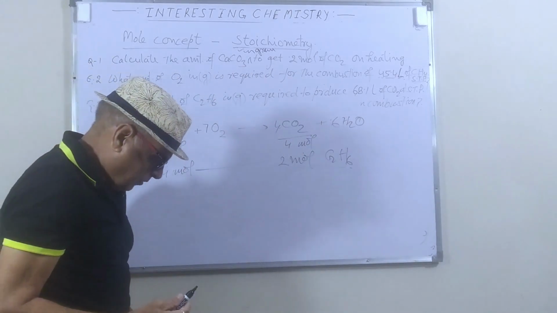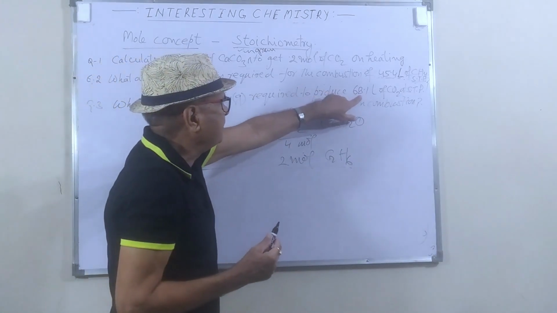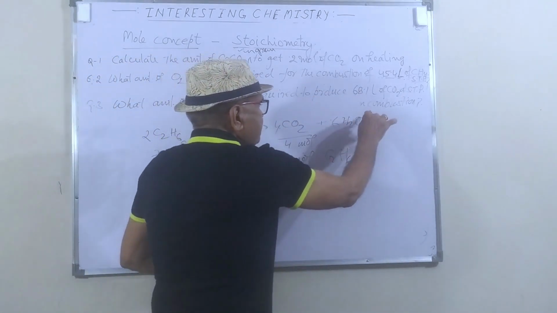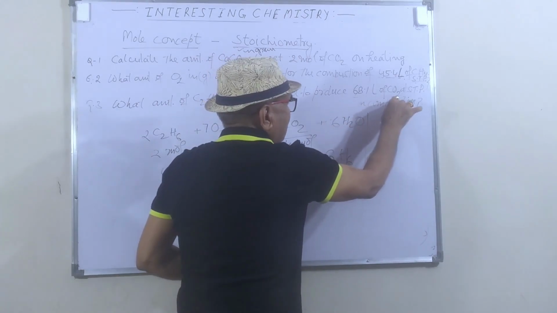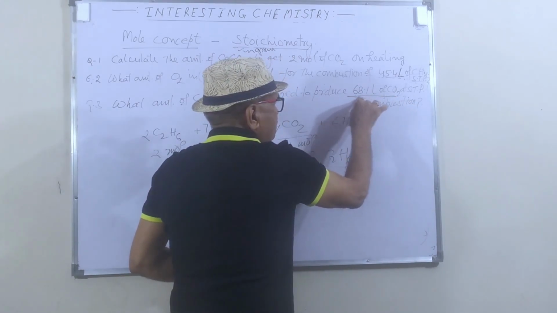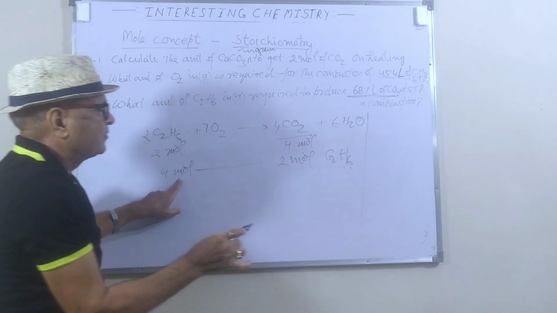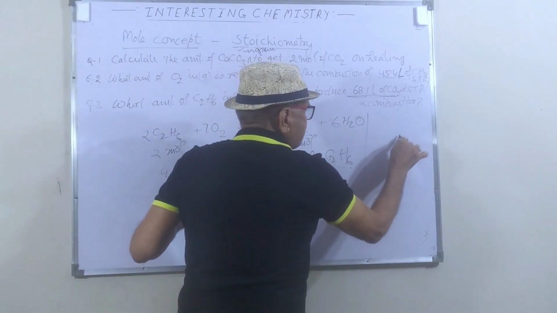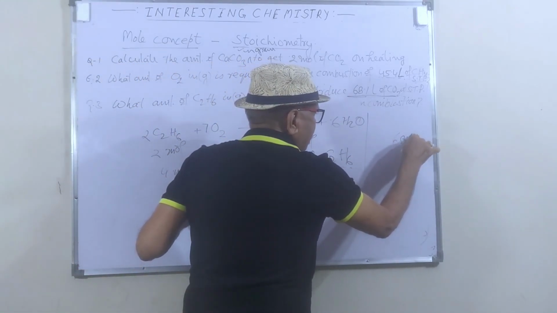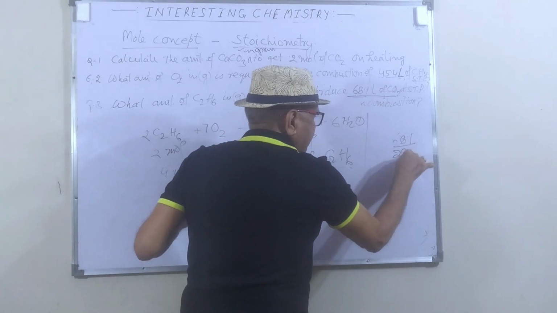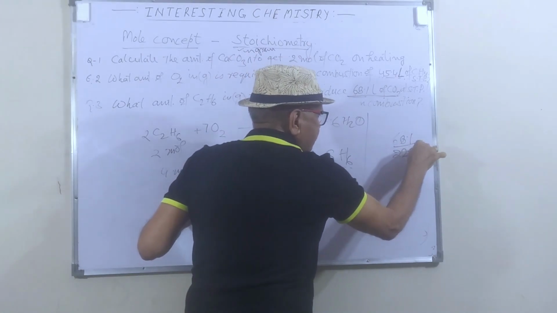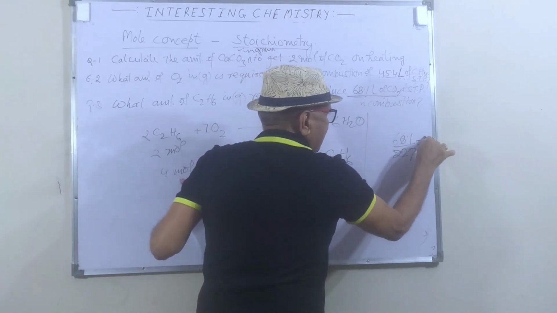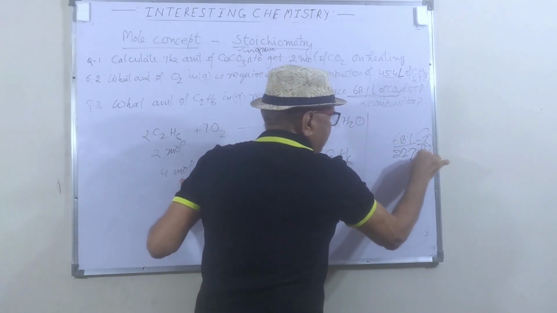Now, how many moles do you have to find? The volume should be changed into moles because here we have moles. So the volume is 68.1 and you will divide it by 22.7. So it is equal to 3 moles.